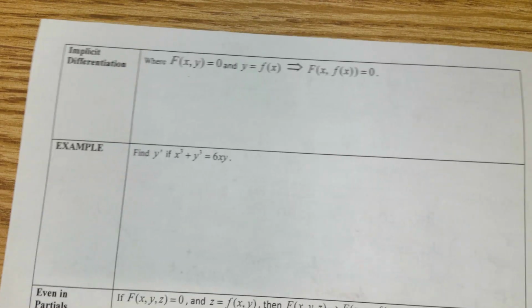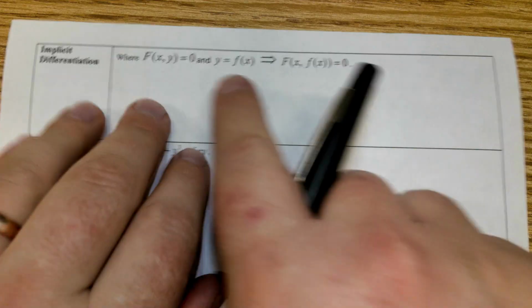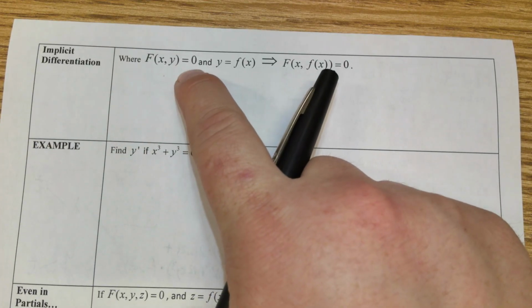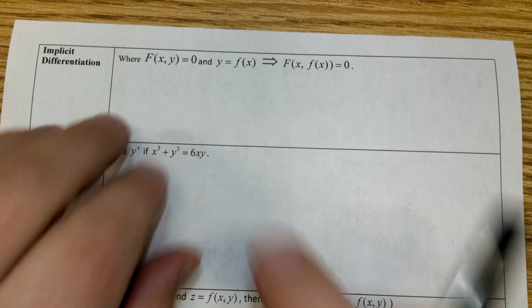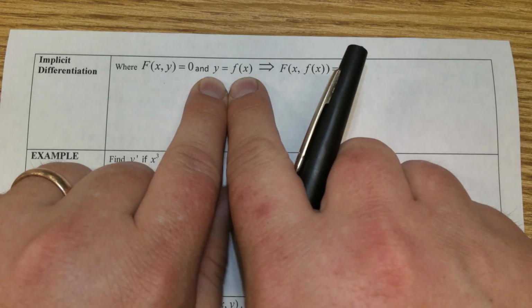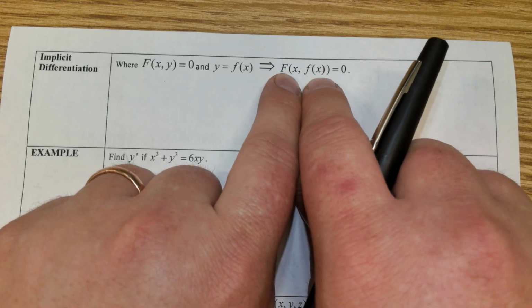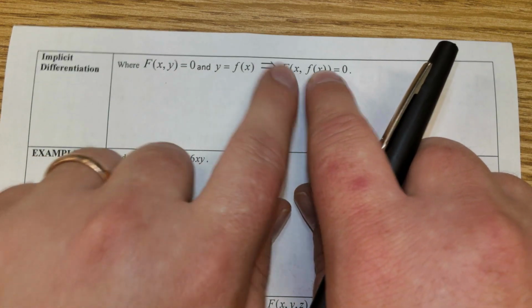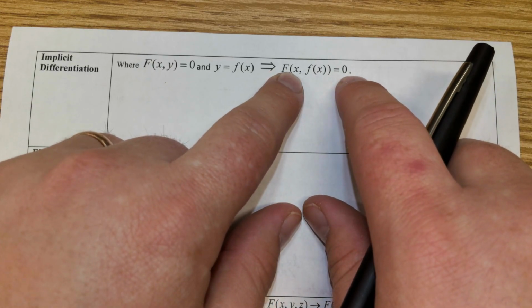Now we need to get to implicit, where we're going to move at a pretty healthy pace here. Because it all depends on this initial condition, where f of x, y equals 0. So that means that I have some function, y equals f of x, and so that translates this thing to be x comma y, x comma f of x, is equal to 0.